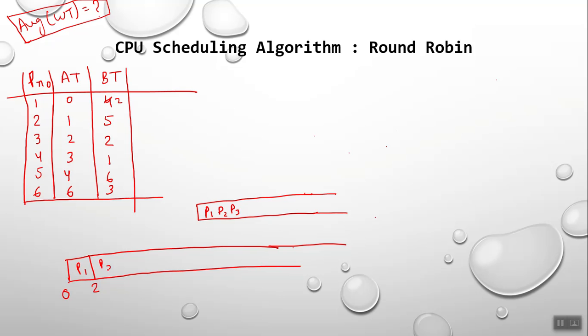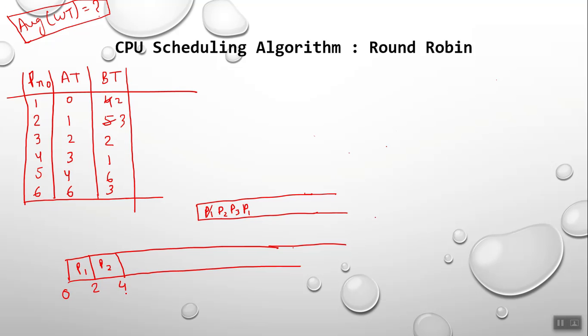P2 will execute, and P1 has already executed, so you just have to write it here. P2 will execute 2 units of time, so it will be 3 here, and this will be 4. Then P3 will execute.